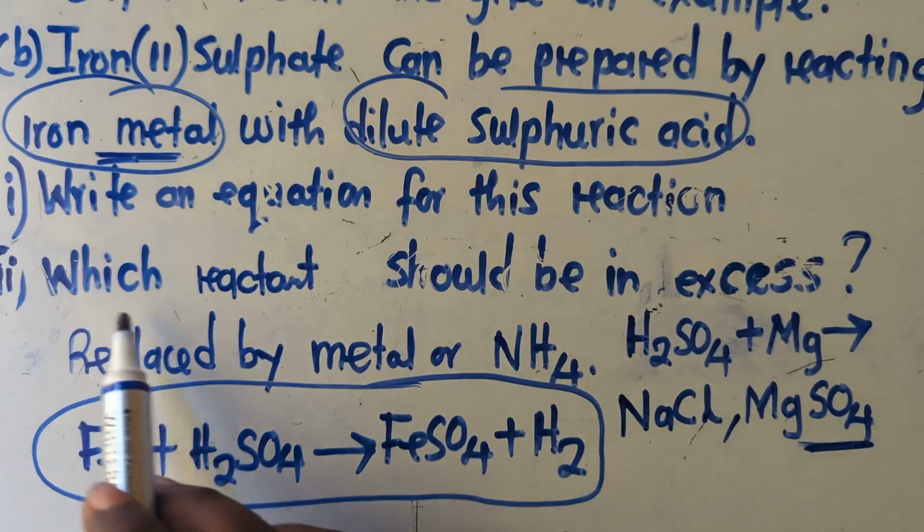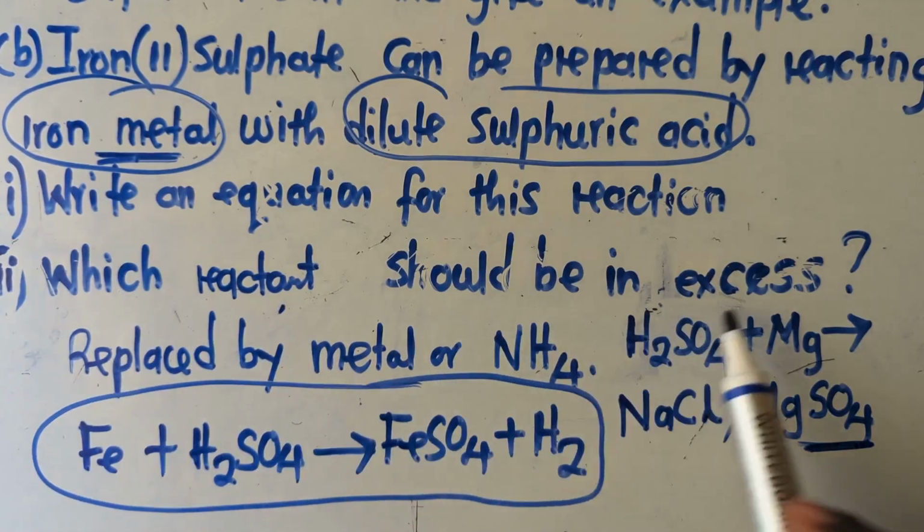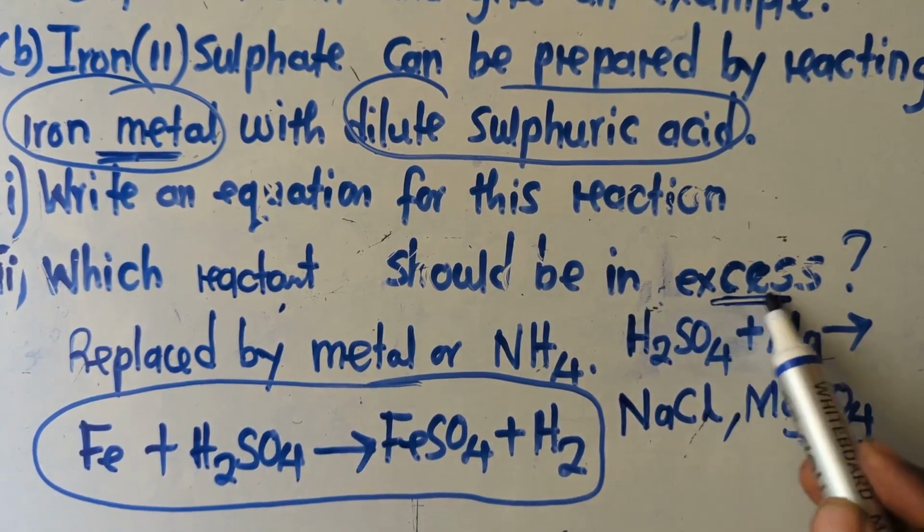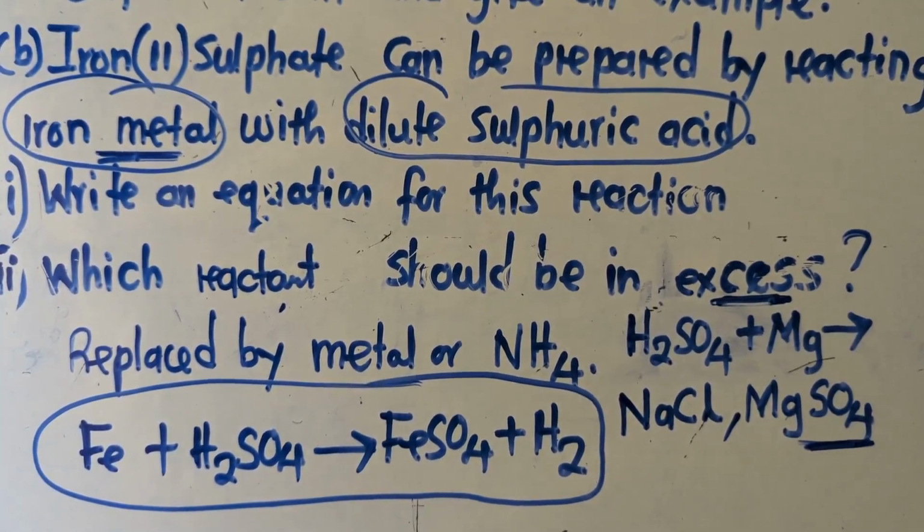The question is saying, which reactant should be in excess? Whenever we are talking about a reactant that should be in excess, reactants are just the same as reagents. So between these two, which one should be in excess?